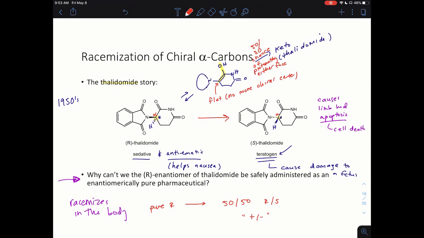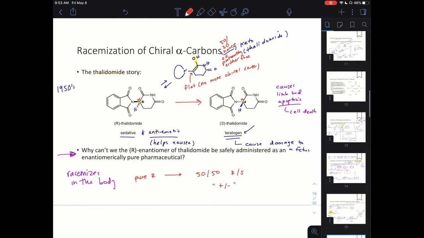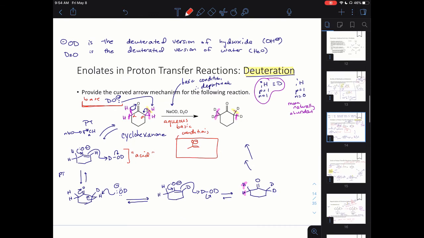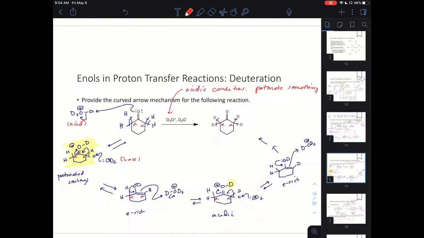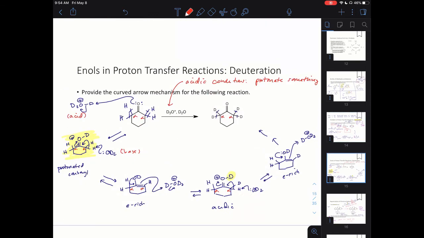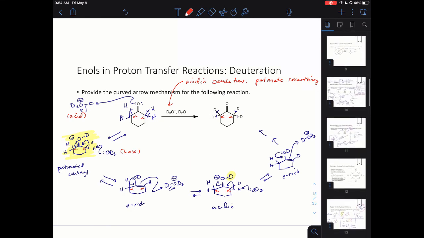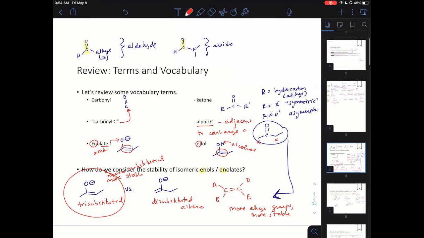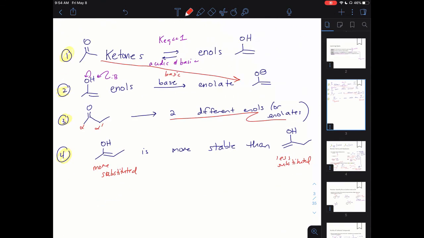Excellent. So all of these examples, the racemization of thalidomide and the super weird deuteration under basic and acidic conditions, they all help us practice achieving our goals, which are to think about enol formation, enolate formation, and what sorts of reactivities ketones can have because of the fact that they're in equilibrium with the enol.